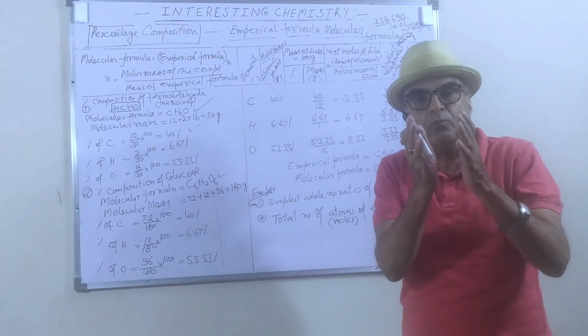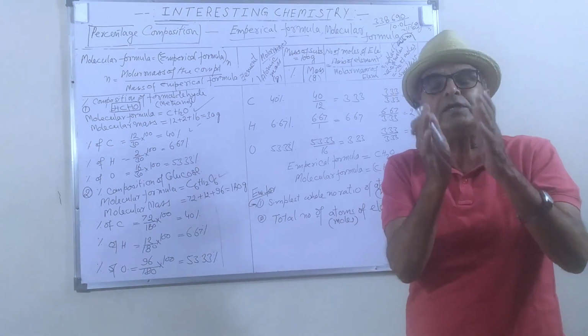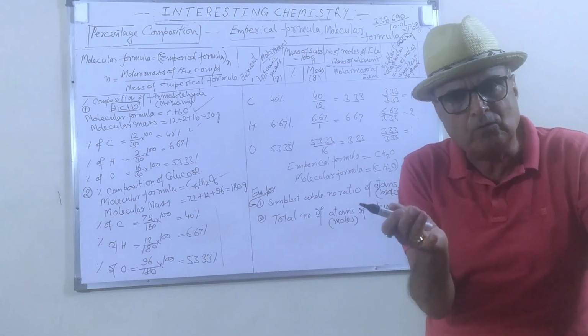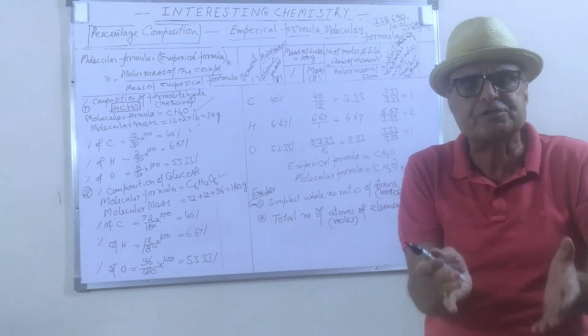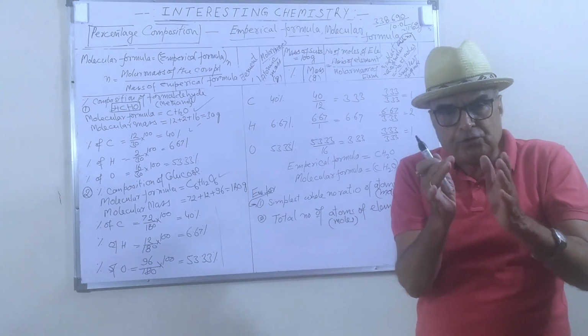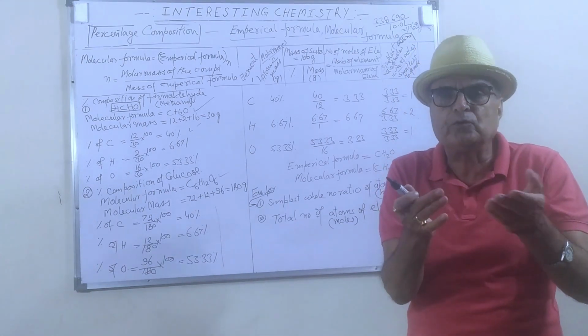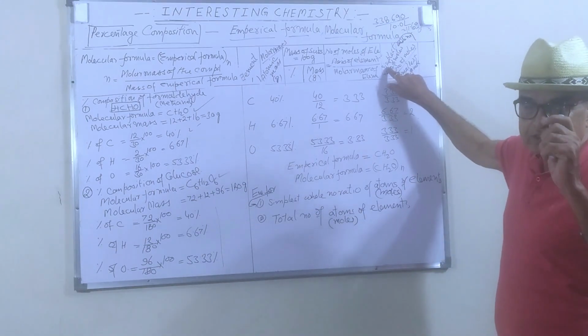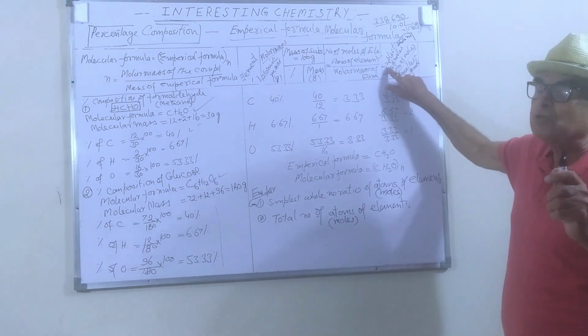These are the mole ratios of the elements present in that compound. Now the question arises, how will you get the simplest ratio?